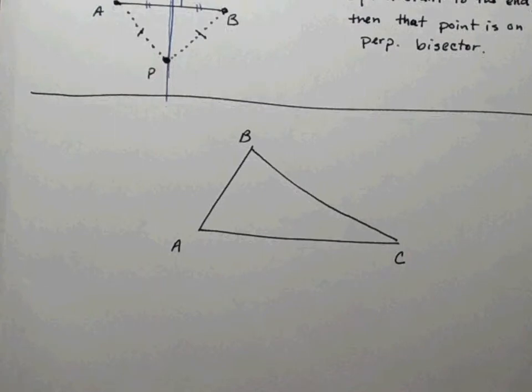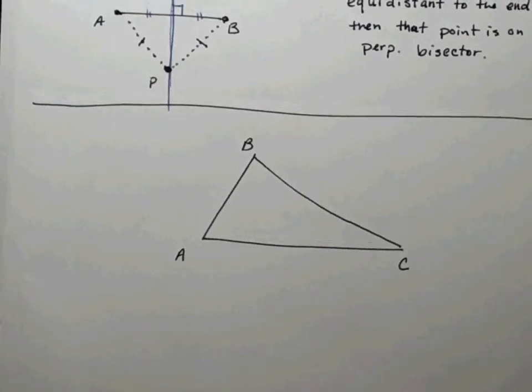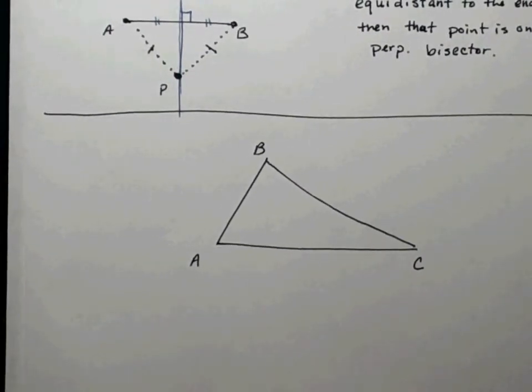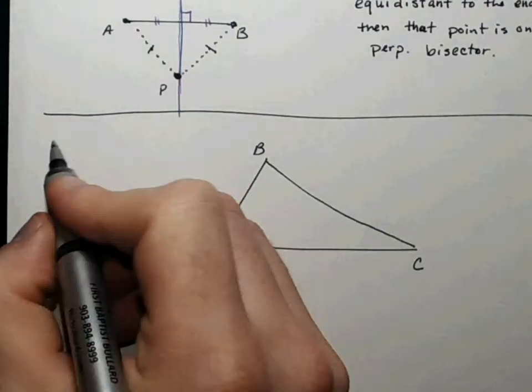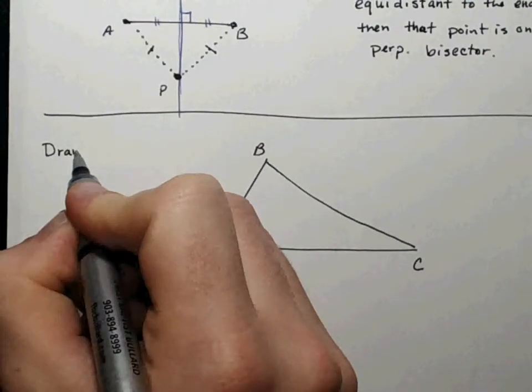Try to make the line straighter than mine. We've got a triangle. This would be an acute triangle. What we're going to do together is draw the perpendicular bisectors.